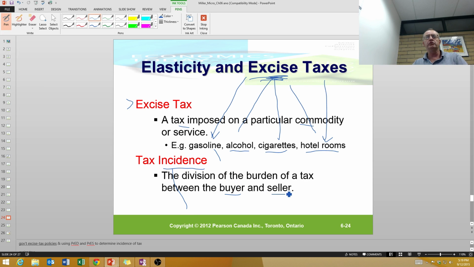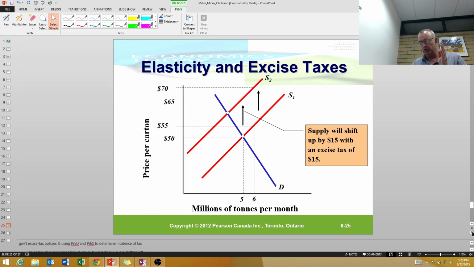So we're going to use our supply and demand diagrams and the price elasticity of supply and demand to tell us which party bears the greatest incidence of an excise tax. I know some of this seems a little convoluted, but there's a trick to it, a way to understand this to get it correct every time. So I'm going to try to show that to you.